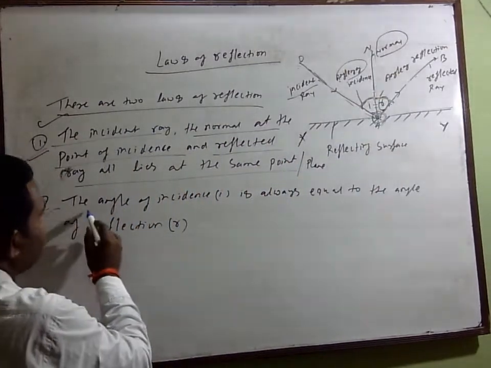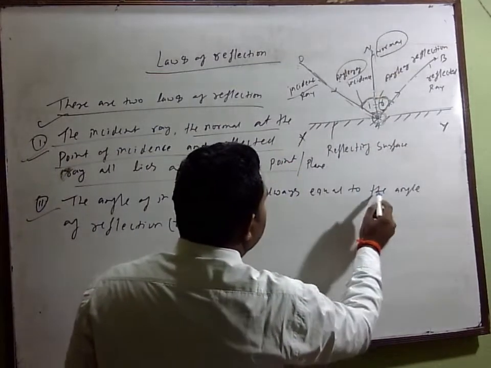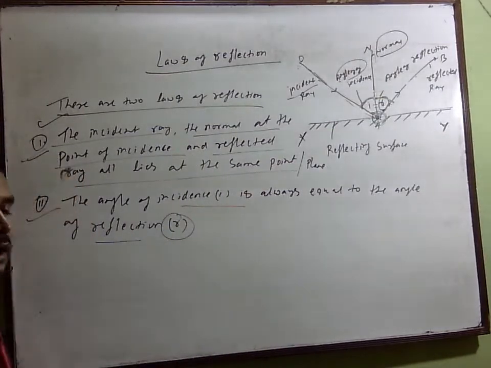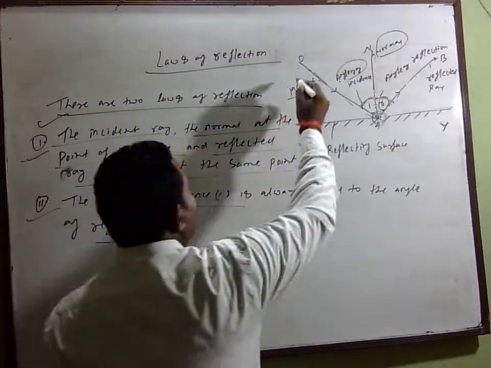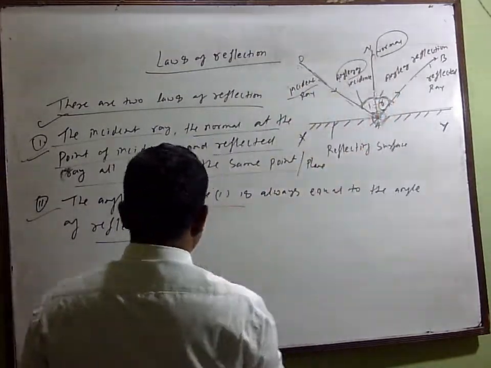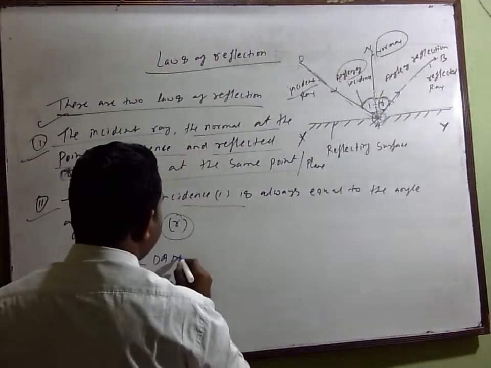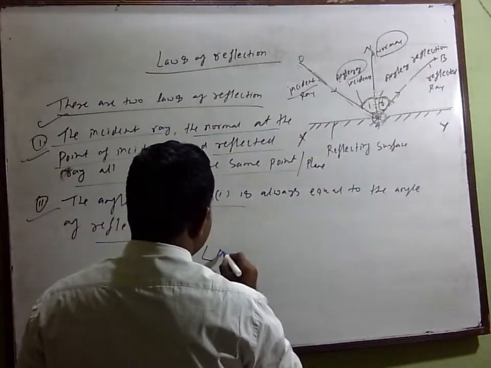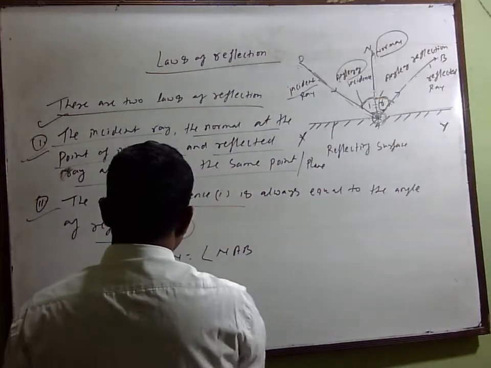Another, the angle of incidence and angle of reflection, that is I and R, both are equal. That means you can say angle OAN equals angle NAB. This we can write.